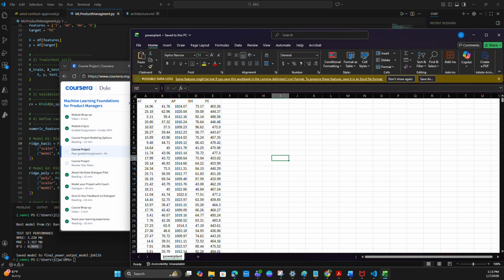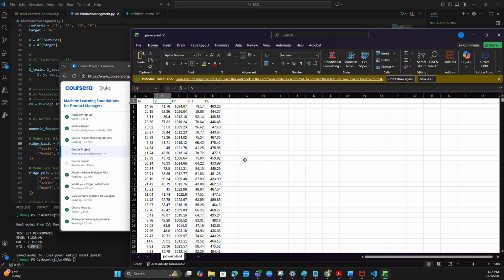So the data we have is a total of 9568 hourly observations collected from a real power plant, and each record includes the temperature, then ambient pressure, then relative humidity in percentage, and the exhaust vacuum in centimeters of mercury.